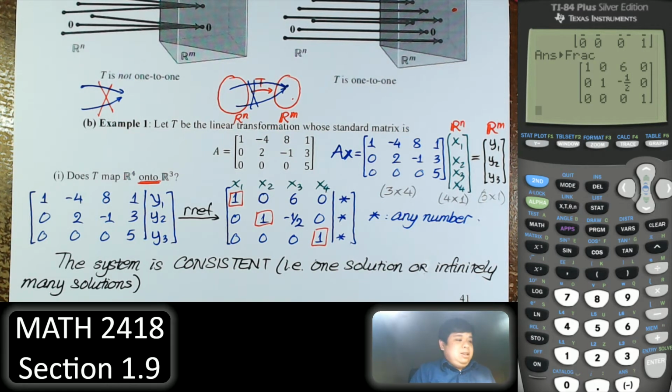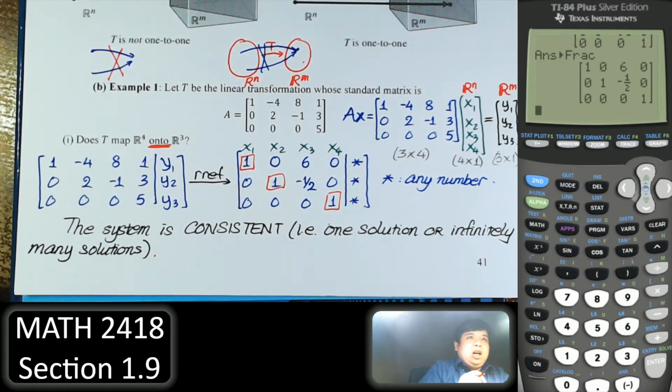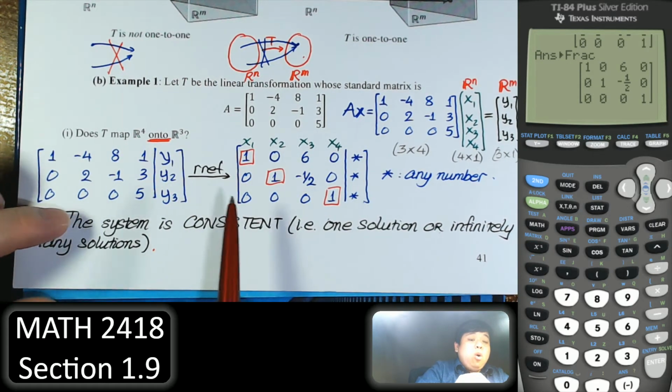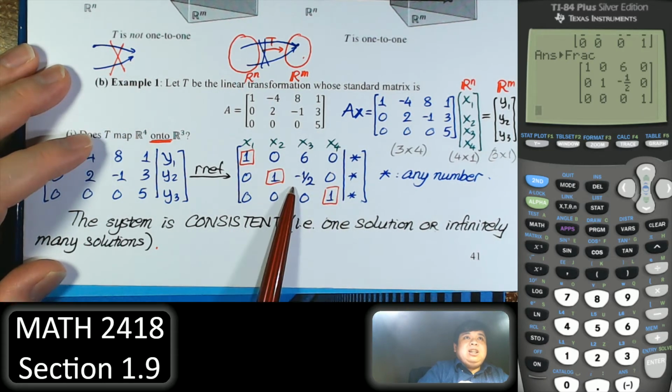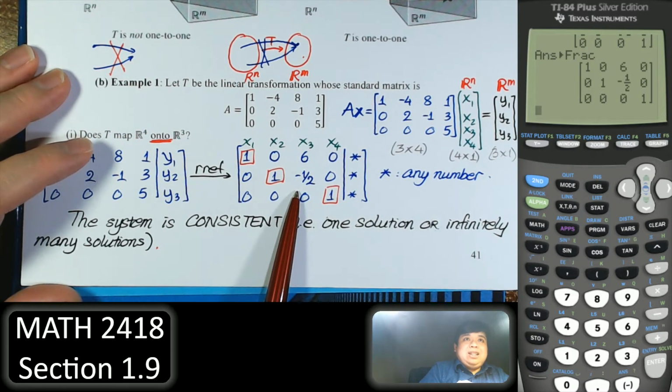What does that mean in terms of the question, is this onto? Now, if I elaborate on this, obviously it doesn't matter what y1, y2, y3 is, right? There's always a solution because the reduced echelon matrix comes up to that, right?